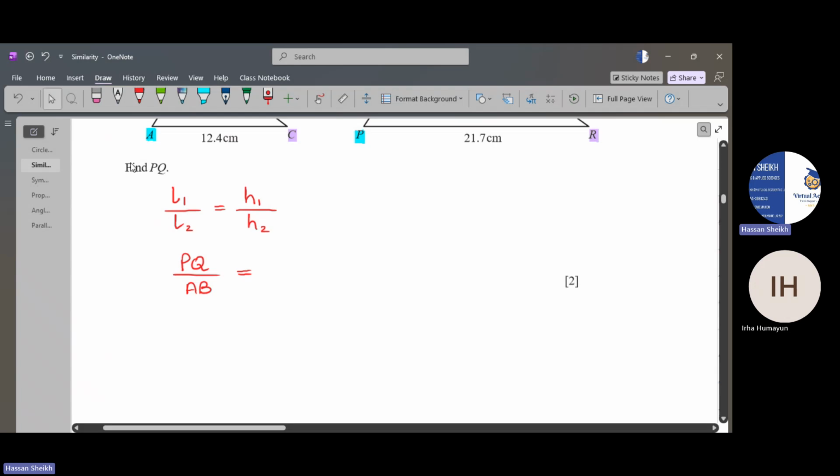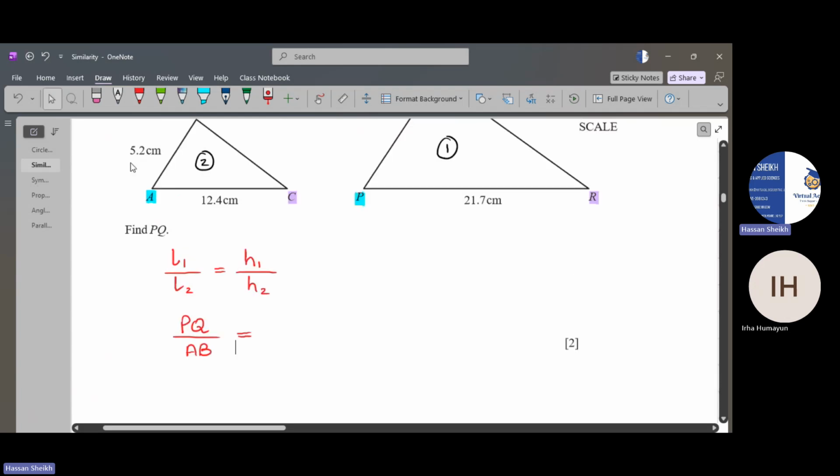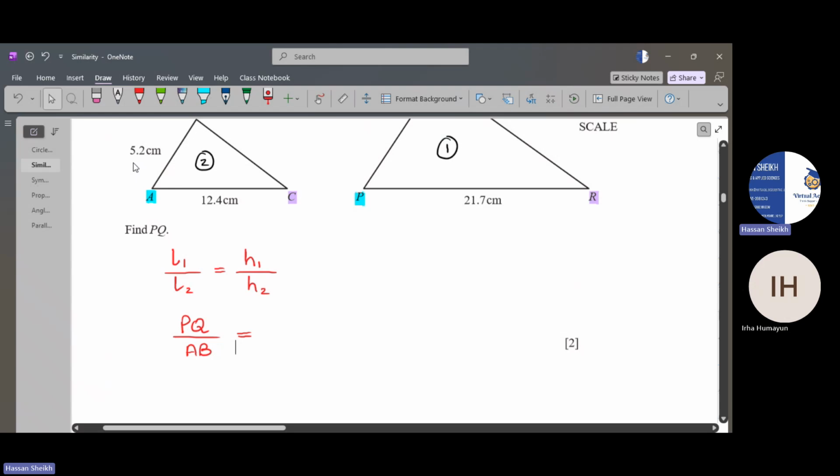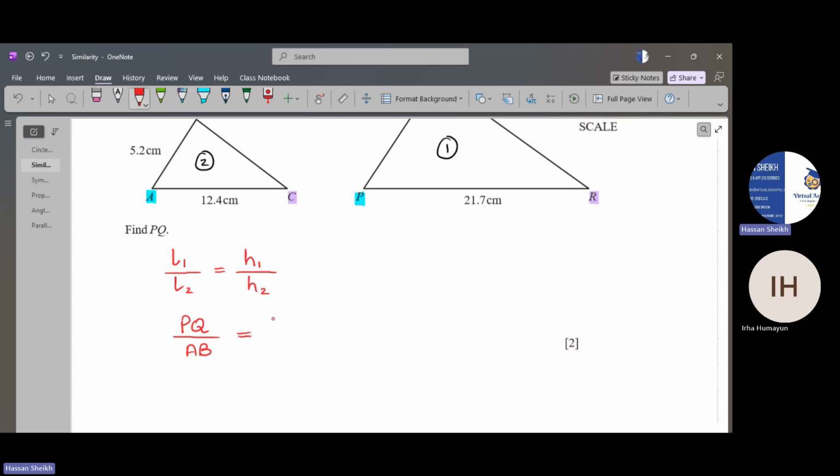And now on the other side, obviously, PR, any side of triangle number one. Do we have only one side of triangle number one? That is 21.7, divided by the corresponding side of 21.7 in ABC, which is AC, which is 12.4.